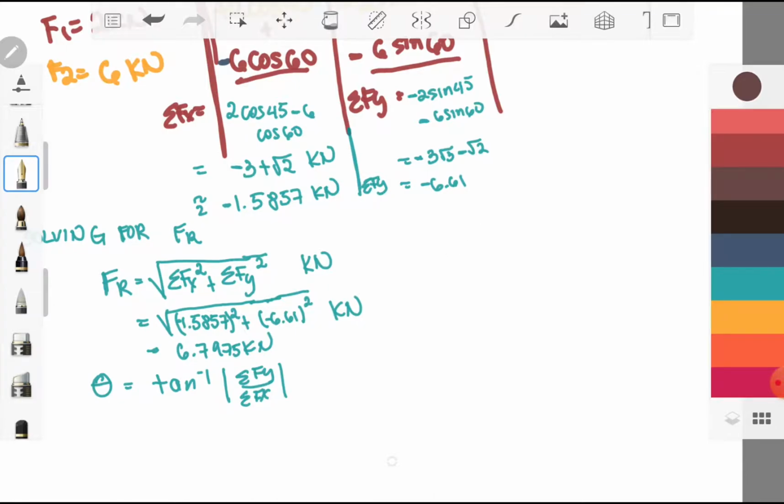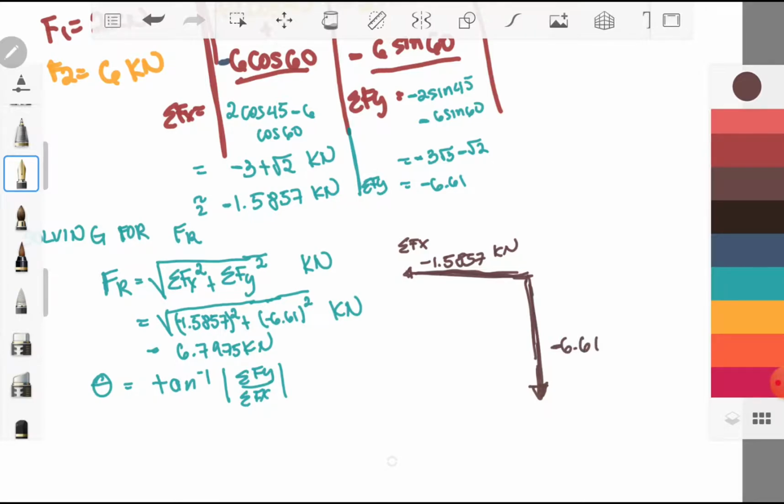Take note that your summation of Fx is going here, which is negative 1.5857 kilonewton, and your summation of Fy is equal to negative 6.61.